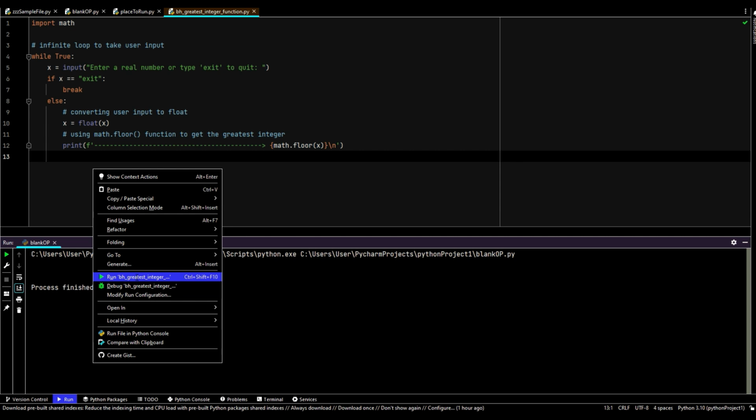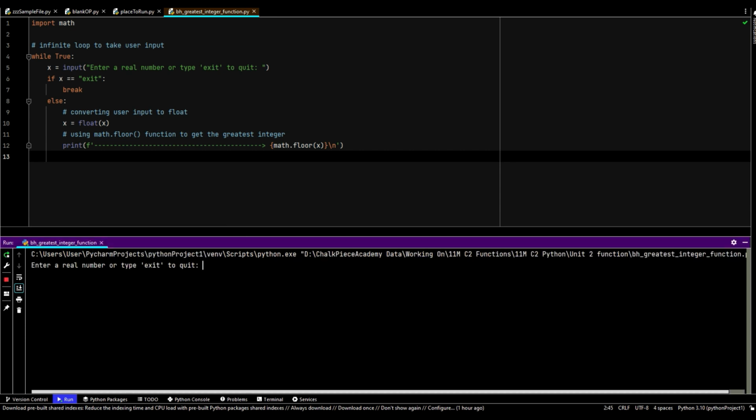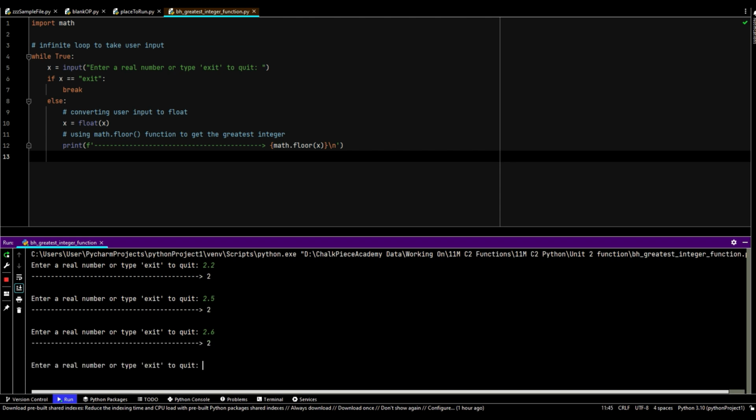Okay, let me run this. If I give an input of 2.2, I'll get an output of 2. If I give an input of 2.5, can you guess what the output is? 2 again. If I give an input of 2.6, the output is 2 again.